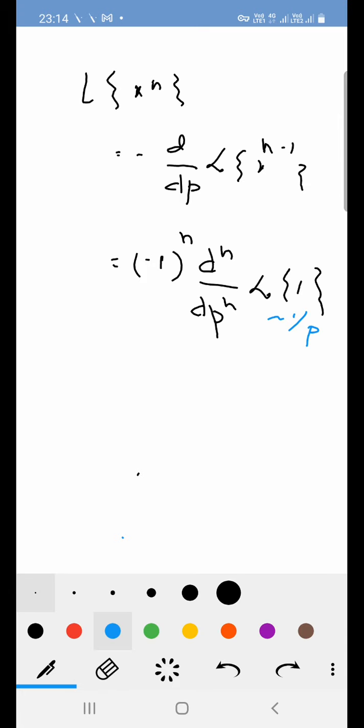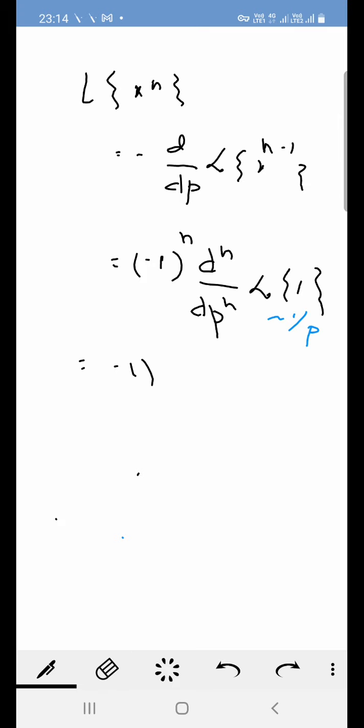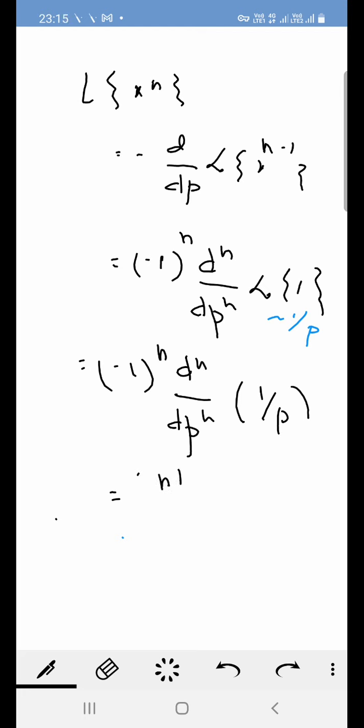So this expression is equal to minus 1 to the power n d^n by dp^n of 1 by p, and ultimately it is equal to n factorial divided by p to the power n plus 1, where p is greater than 0.